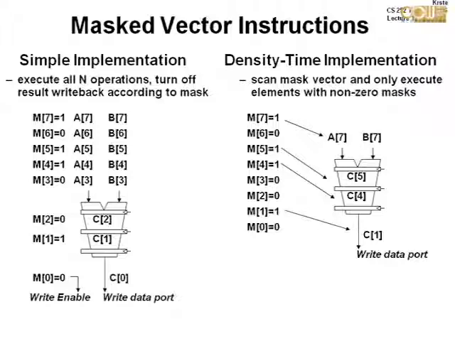Okay, so for the masked vector instruction, we have masks here. And if this instruction is an add, then I'll add this pair starting from here. I'll add A1 and B1, A4 and B4, A5 and B5, A7 and B7, and ignore the rest of the pairs.